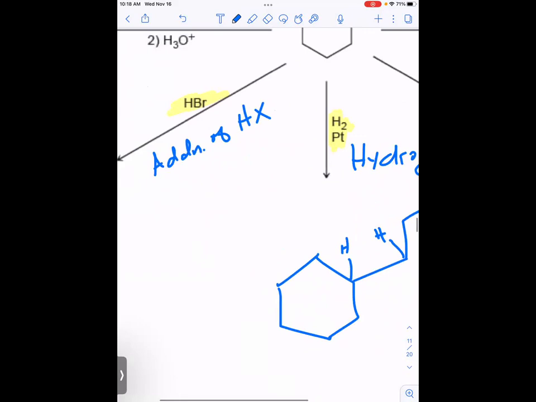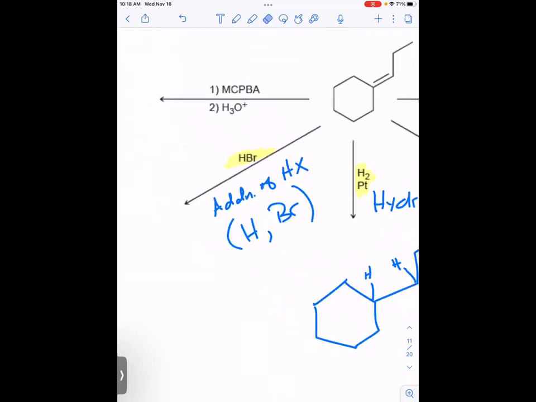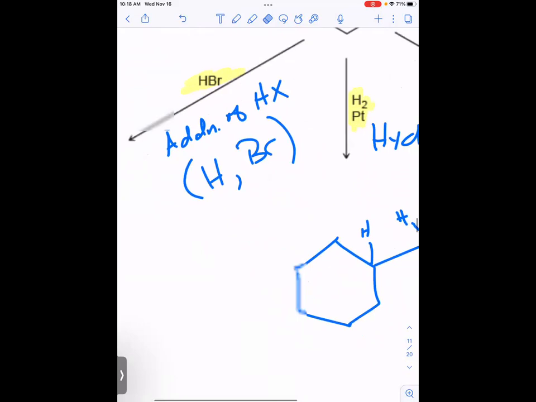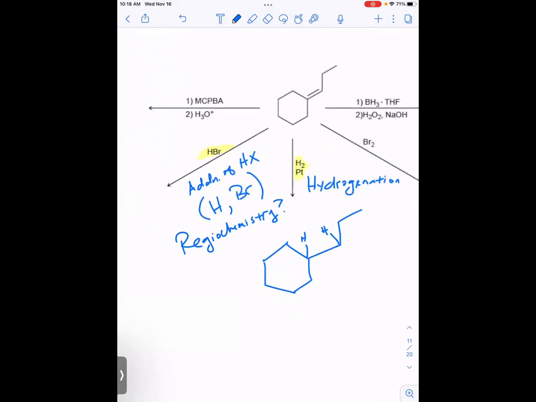I'm adding H to one side and Br to the other side, is that right? The question is, what is the regiochemistry? Because where the H goes and where the Br goes actually matters. And we learned that already.